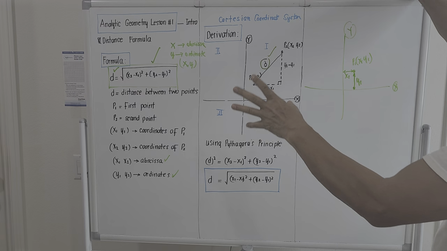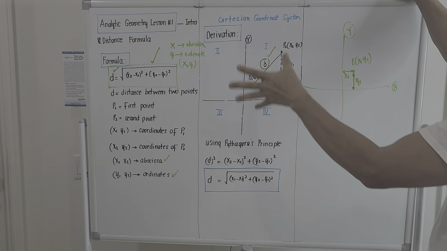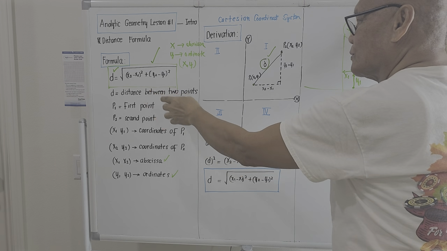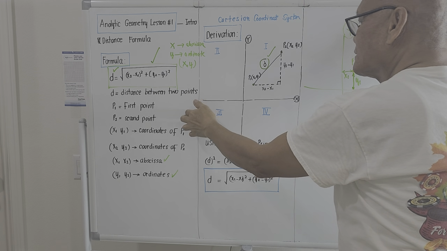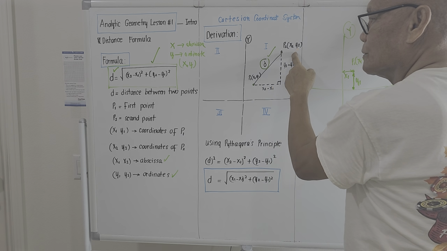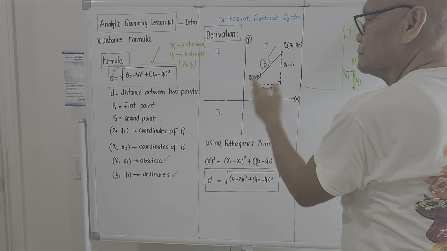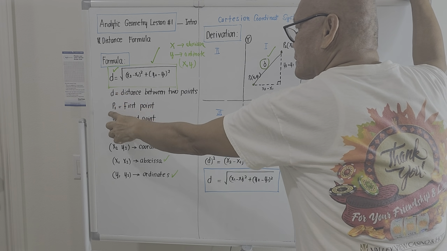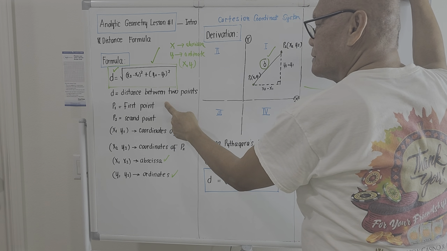Let's try to bring out the legend considering this distance formula. Small letter d refers to the distance between the 2 points, meaning the distance between point number 1 and point number 2. P with the subscript 1 is actually the first point.